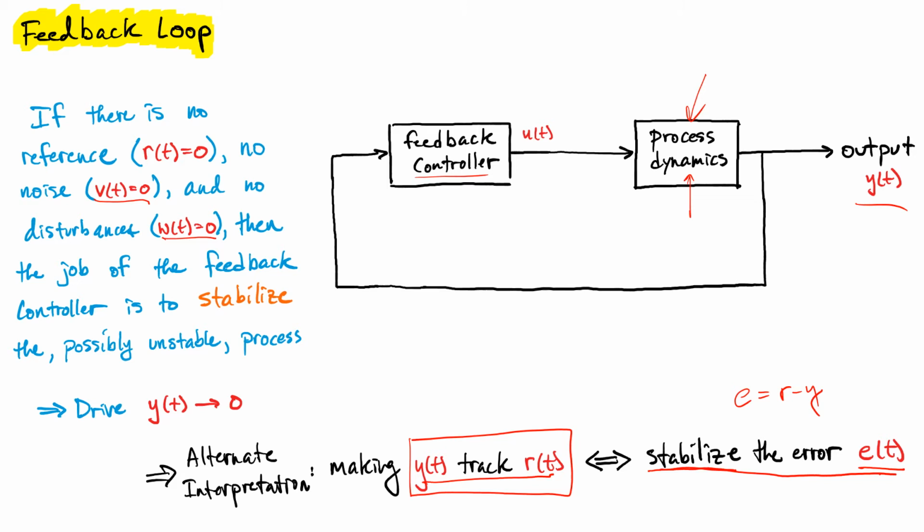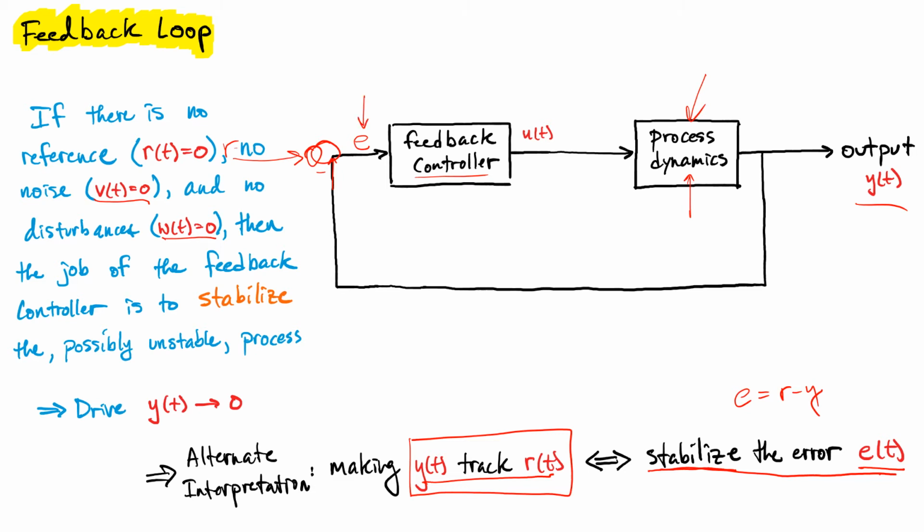So if you go back to the slide 2 slides ago, remember that in the context of the reference, when we had a reference coming in, we had a sum, and then this came in with a minus sign, essentially. And here, the idea is that the thing that's feeding into the feedback controller in that more generic diagram is the error, right?